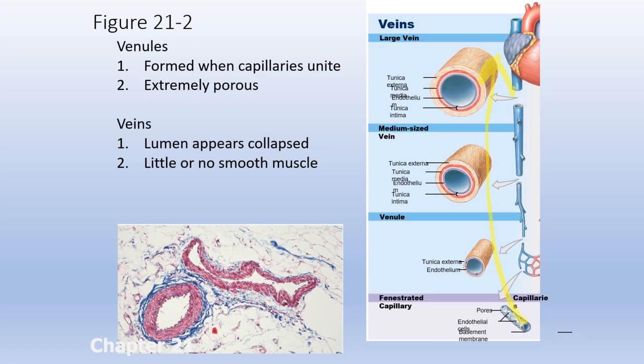Some of the largest veins have almost no smooth muscle, so it's not proportionate like arteries. It's not like the largest veins have the same amount of smooth muscle as the largest arteries. That's not the case. Also, veins have incredibly low blood pressure. And in fact, when we take your blood pressure, we're taking your systemic arterial blood pressure. The blood pressure cuff will not detect the blood pressure in your veins.